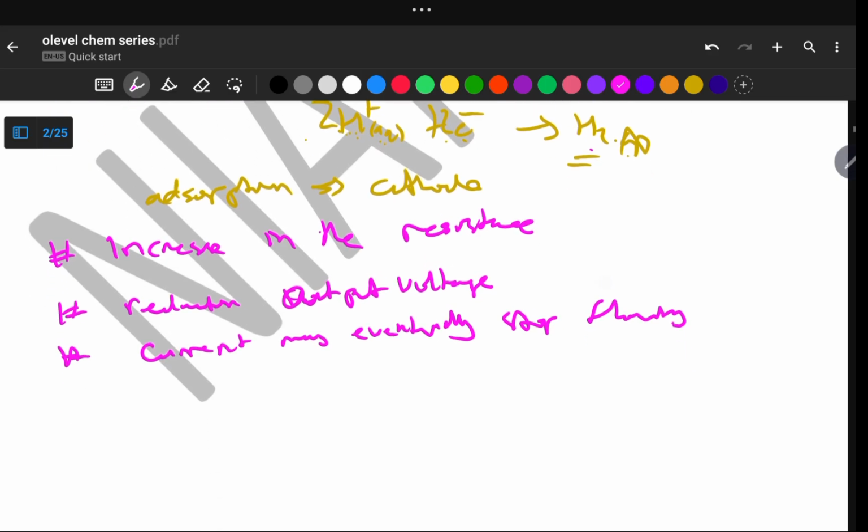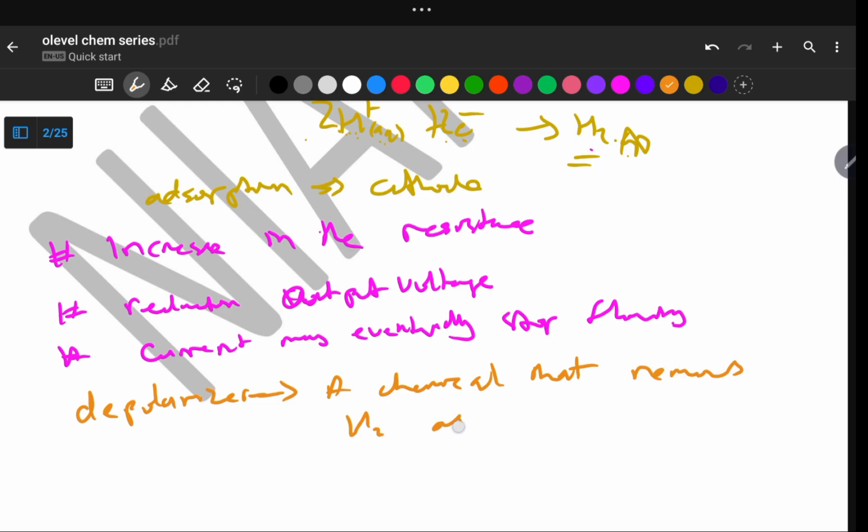So we have the solution. We have what you call the depolarizer, right? So a depolarizer is defined as a chemical that removes hydrogen as it forms.